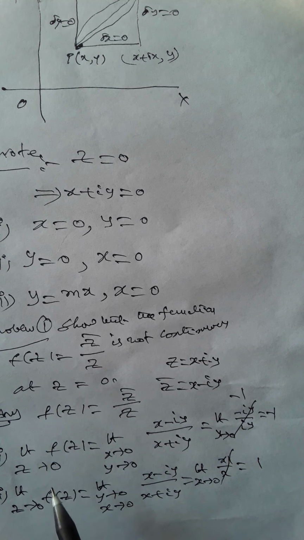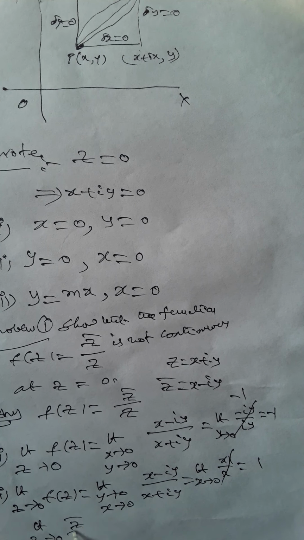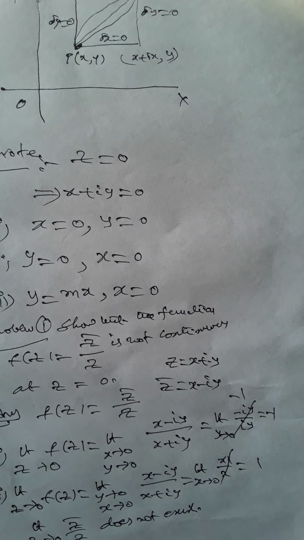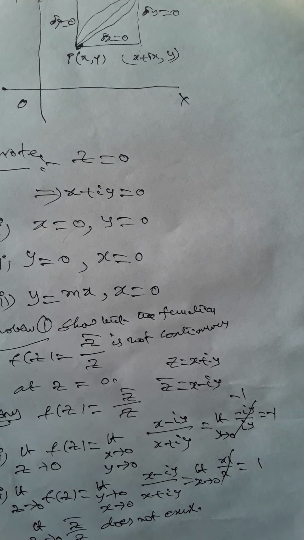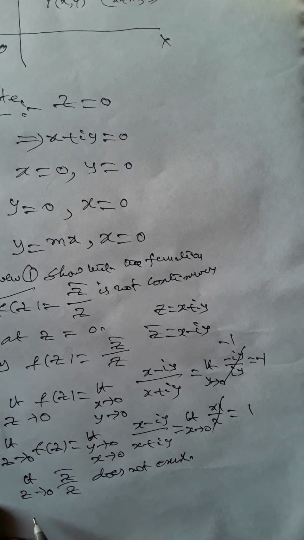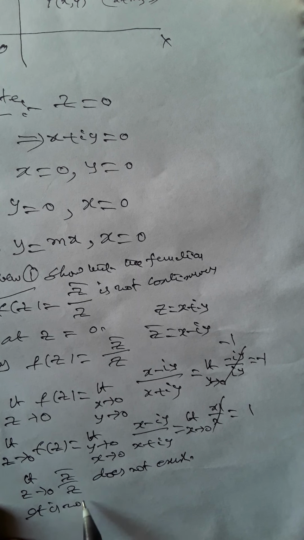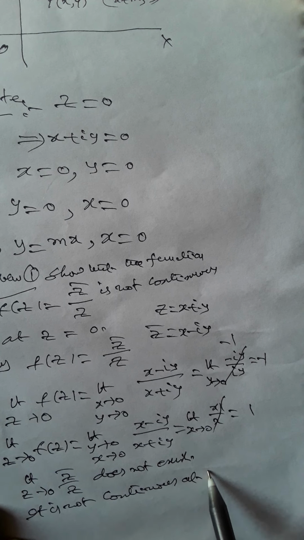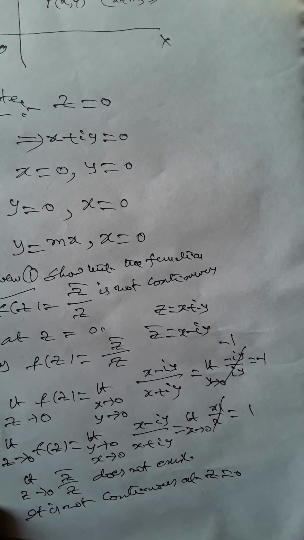The limit value we cannot get the same. So limit z tends to 0 of z bar by z does not exist. So it is not continuous at z = 0.